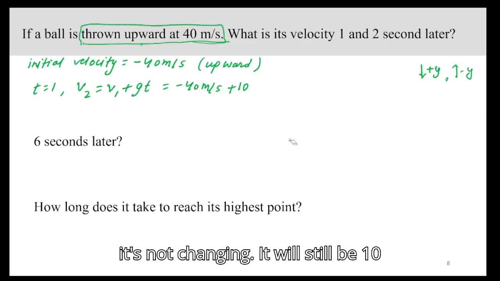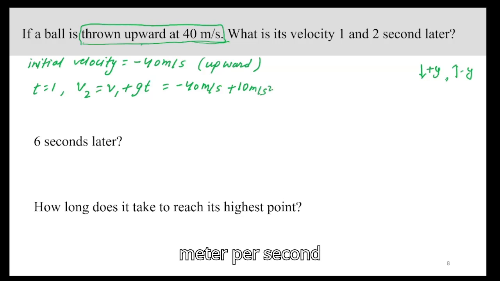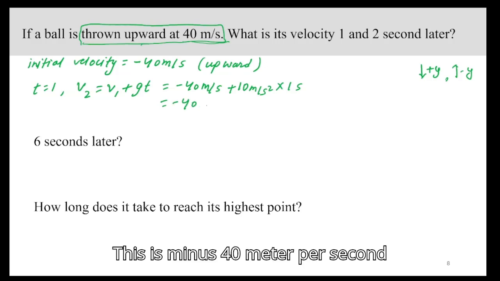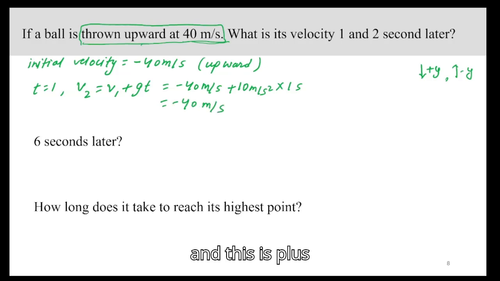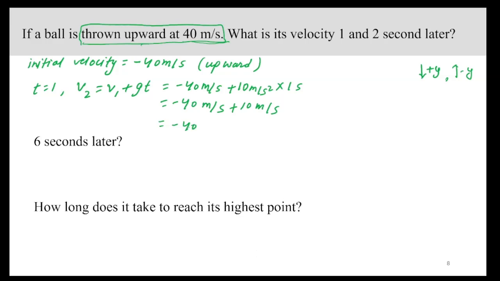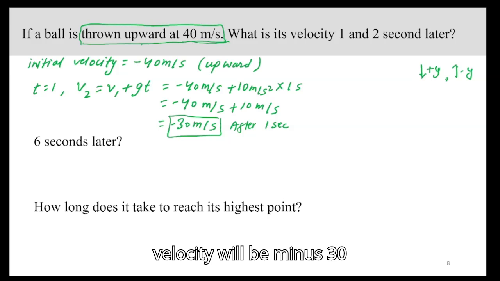It will still be 10 meter per second squared, and time is 1 second. This is minus 40 meter per second, and this is plus 10 meter per second square. So the answer is minus 30 meter per second. After 1 second, the velocity will be minus 30 meter per second.